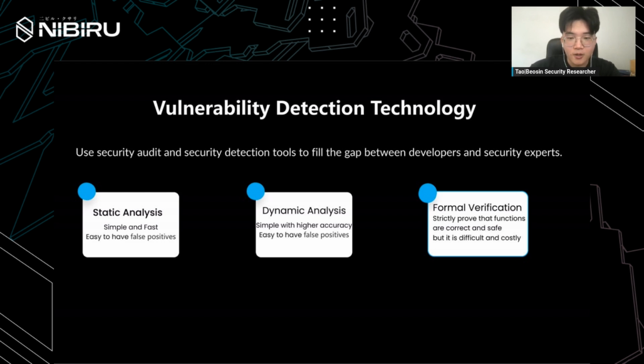The third part is formal verification. It's a technology that proves the functions are correct mathematically, but it's very difficult and costly to use formal verification in smart contract audit. We will see why in the following example.